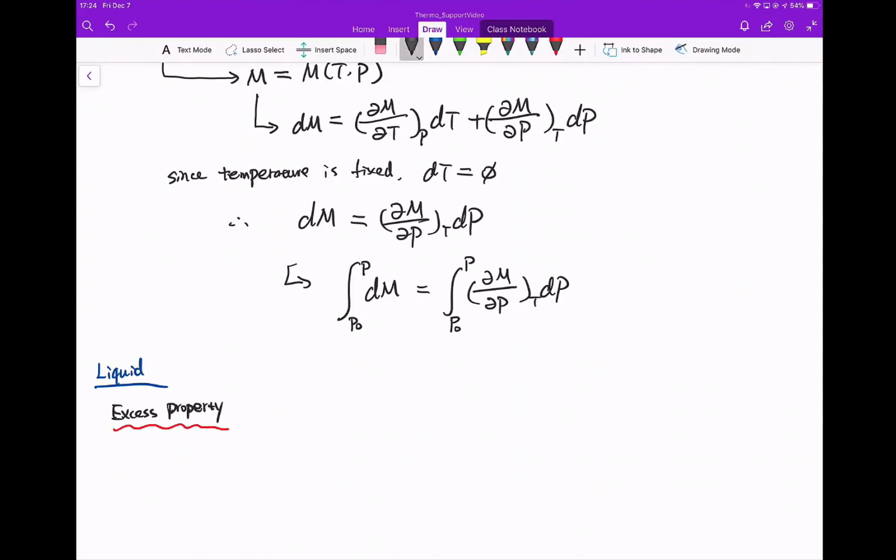By definition, the excess property is defined for the same quantities: volume, entropy, internal energy, enthalpy, Helmholtz energy, and Gibbs energy. The excess property is defined as M at T and P minus the same property for the ideal solution for liquids.